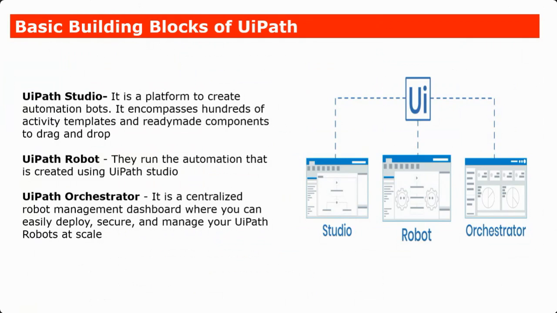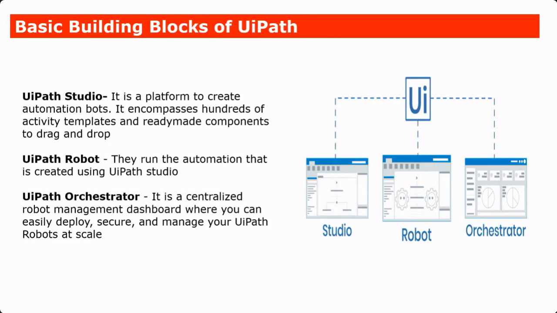Not only this, UiPath Orchestrator also provides additional features like management reporting. So you should be able to see how many queue items or task items have been done by the robot. So you also have a reporting capability available on the UiPath Orchestrator.